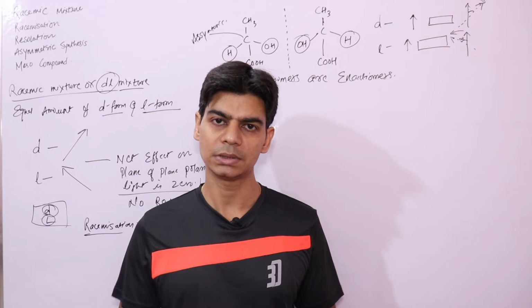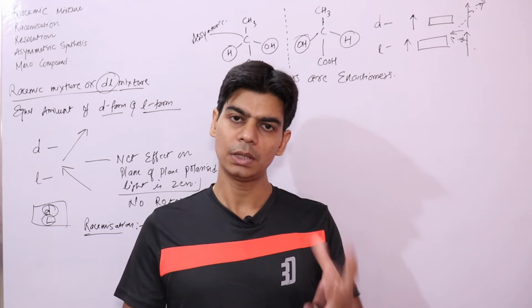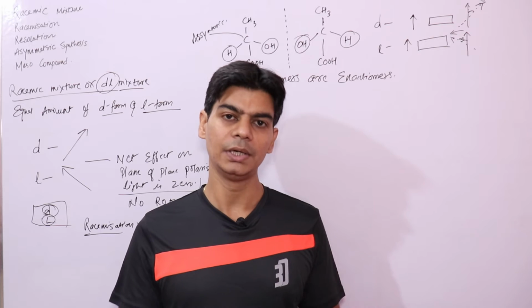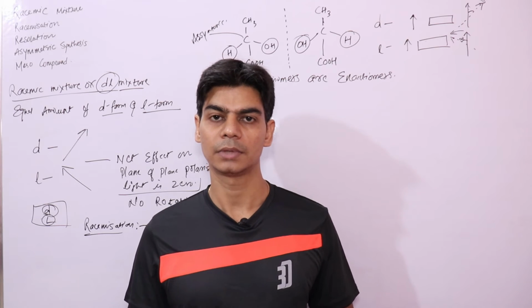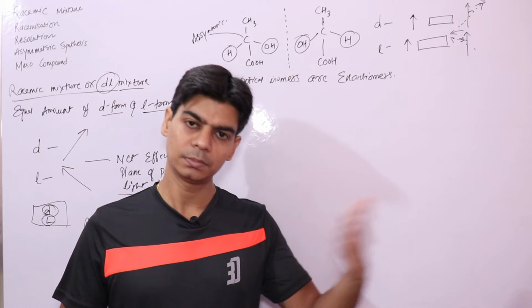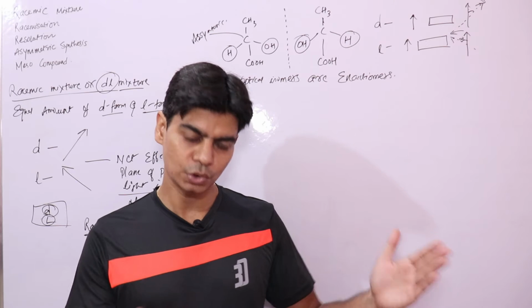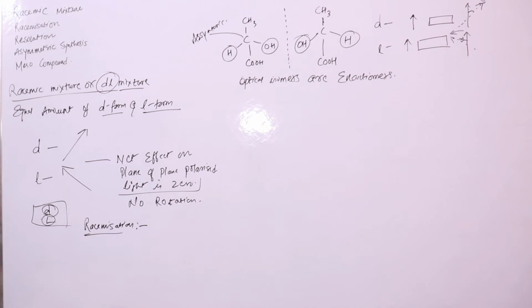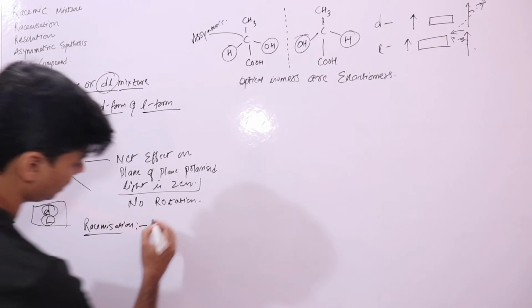So what you will do is you will convert one half of the D isomer into L isomer. When one half turns into L isomer, what you will get is a racemic mixture. So this is racemization. Racemization is basically the process of converting D or L form of an optically active substance into racemic mixture.